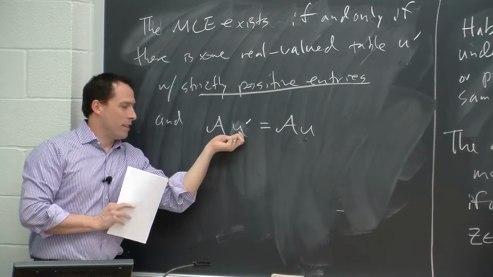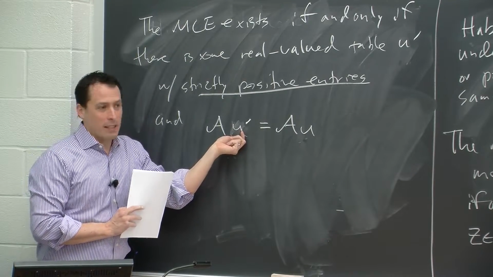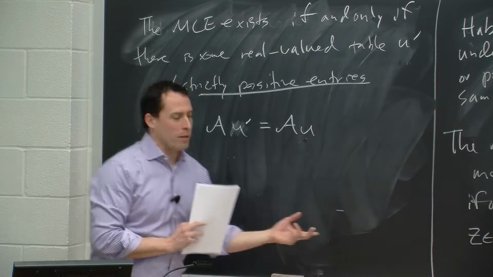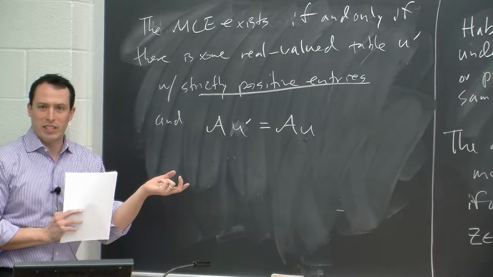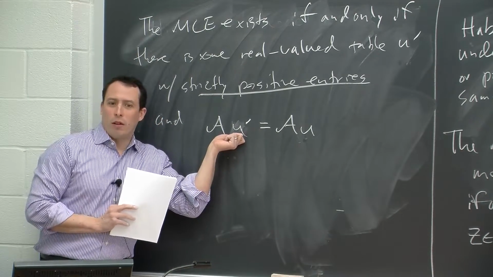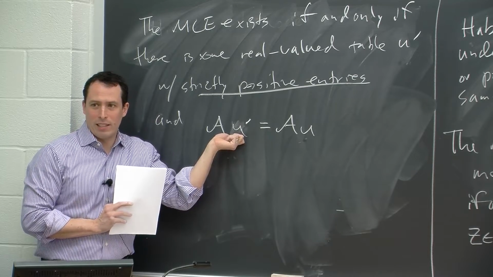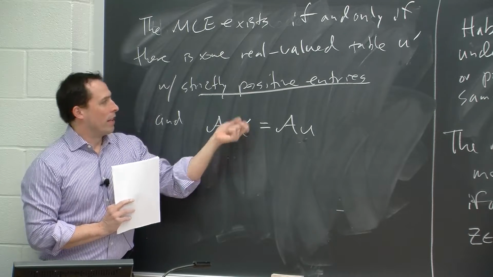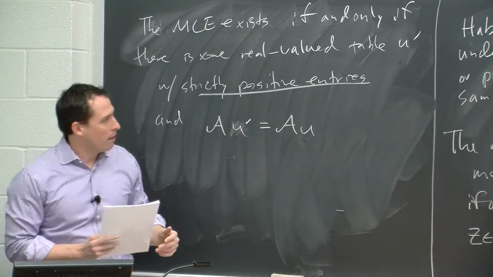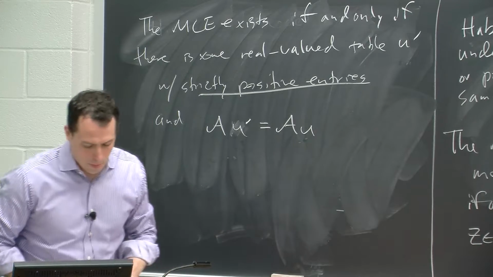If I can manipulate it by some vector z in the kernel of A, so it doesn't change the sufficient statistics at all, into a new vector of pseudo counts which are all strictly positive, so they no longer have any sampling zeros in them, then it's okay. The maximum likelihood estimate will exist. That's what that theorem says. And the theorem I just erased is sort of a refinement of that.